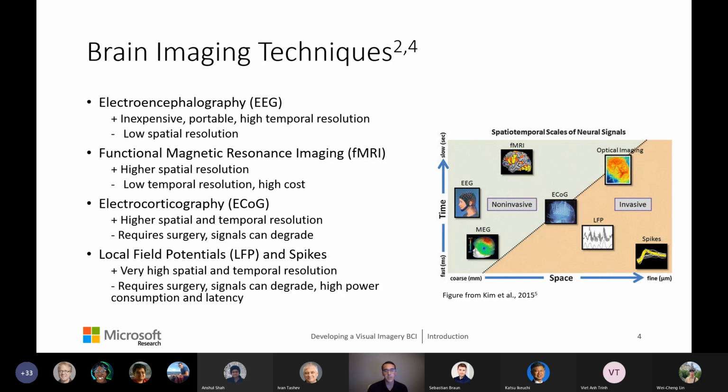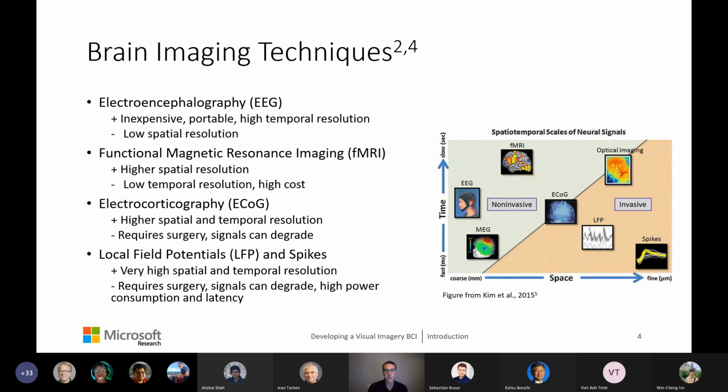Moving on to the more invasive techniques, one common one is electrocorticography, or ECoG. This is pretty similar to EEG in that it uses electrodes, except now they're placed along the surface of the brain. So it has a much higher spatial resolution while still taking advantage of the high temporal resolution of EEG.